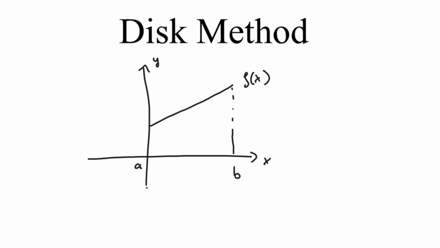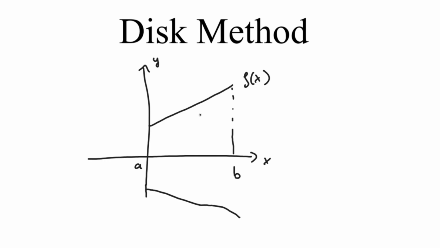So the question is, you have to find the volume of the object when the graph of the function f of x is rotating around the x-axis. If the graph rotates around the x-axis, it automatically generates an object that looks like this.